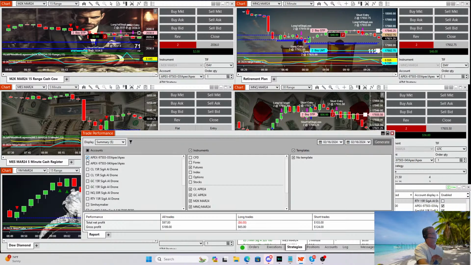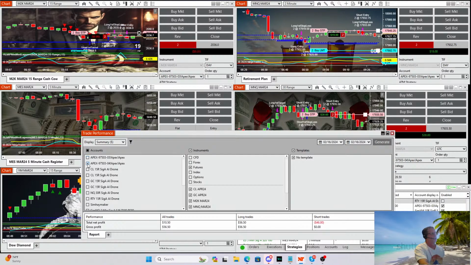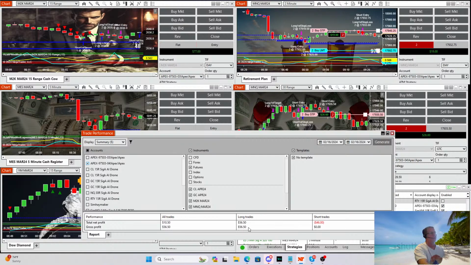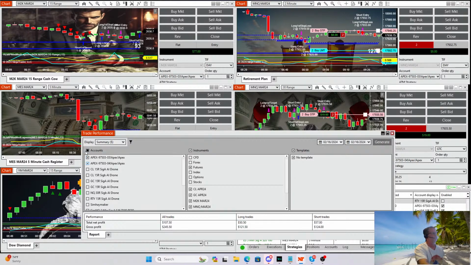Account 4, just over $10. And I'm really making the most money on my long trades. So with that big drop down this morning, here it is on the short trades. So a mixed bag.